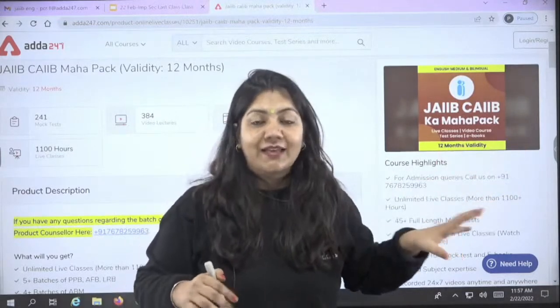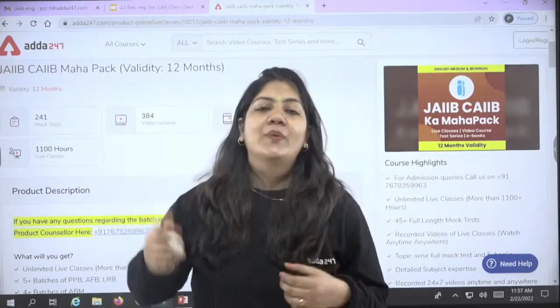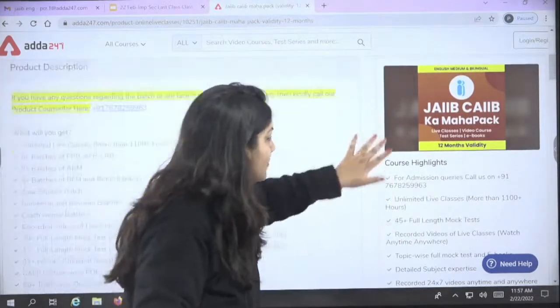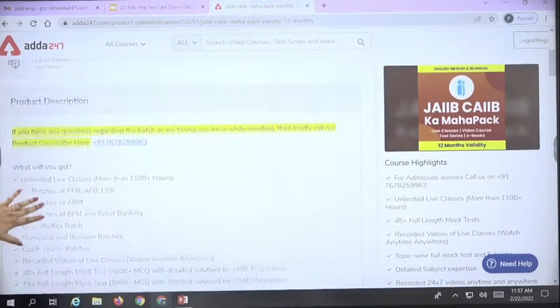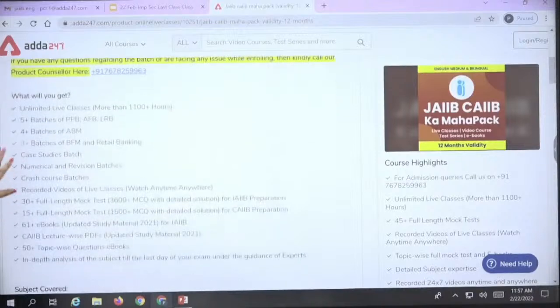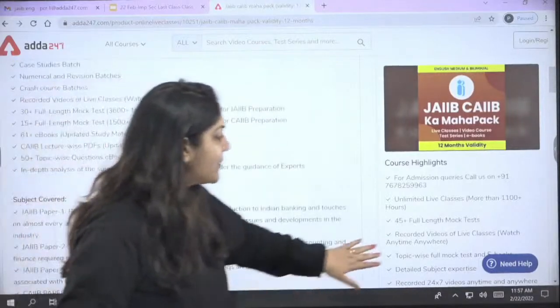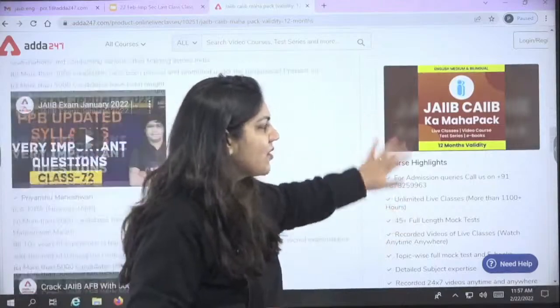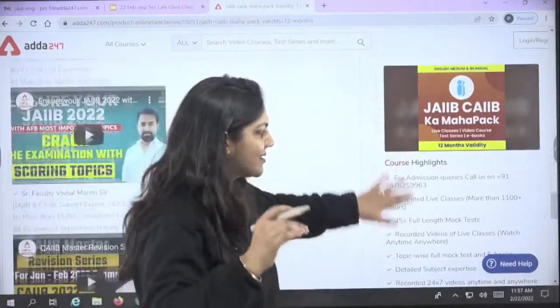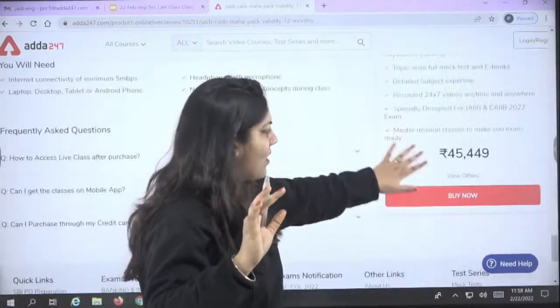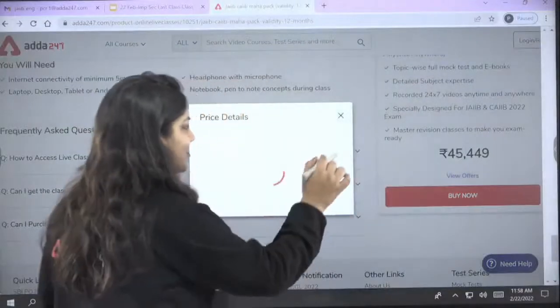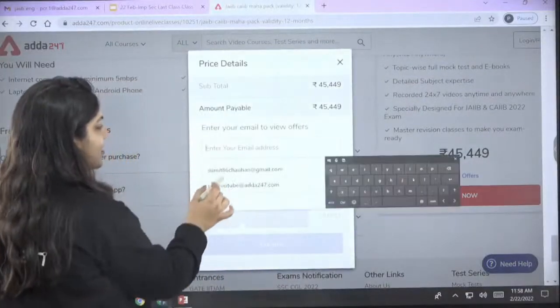If you crack them, then you will enjoy from 2023. Every batch is coming in this pack, even the case study batch, revision batch, target batch, foundation batch, everything is there. Ebooks are there, mock papers are there, and the price is very nominal, because it is not possible to take all the batches separately. That's why I generally prefer this batch.